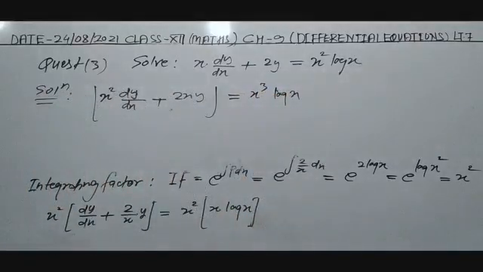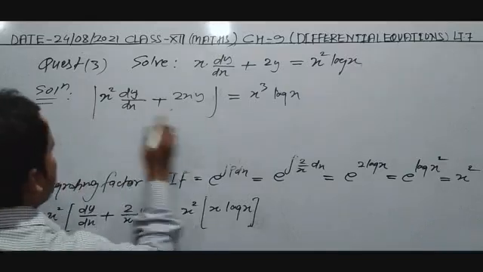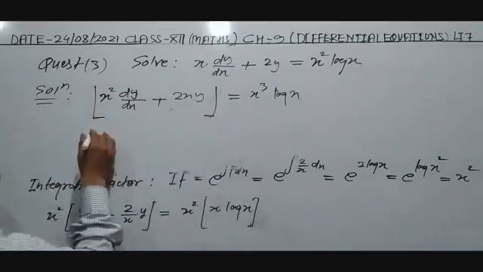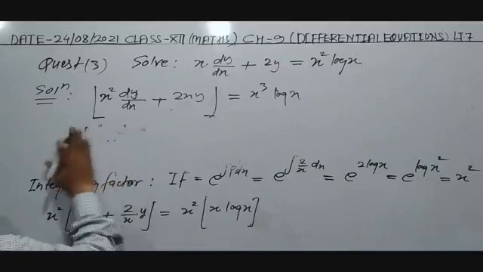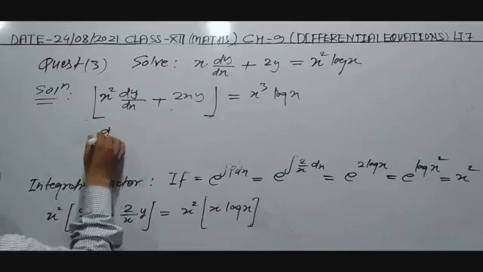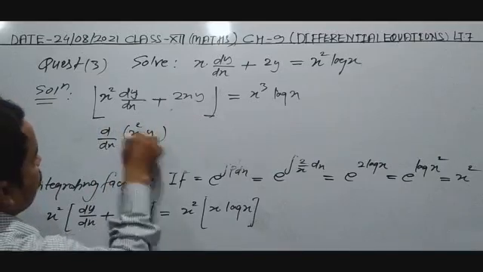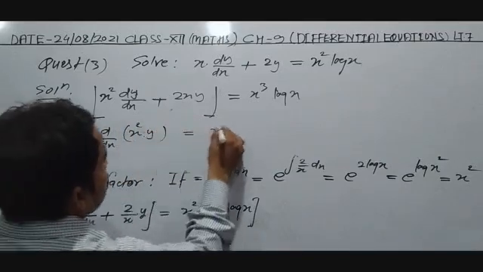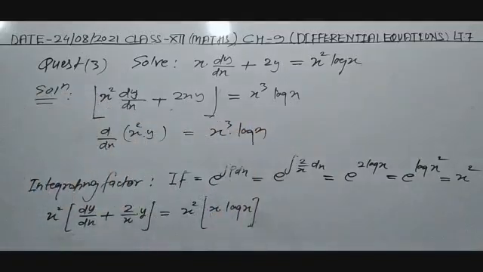Now we have to operate integration on both the sides. This is the value you know also: d by dx of x square y is equal to x cube log of x.